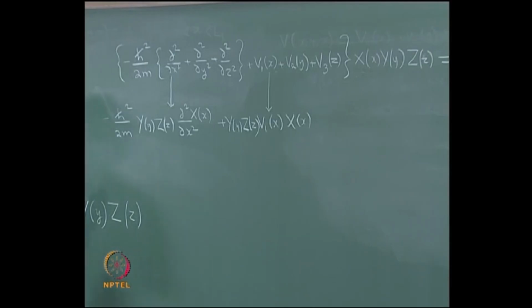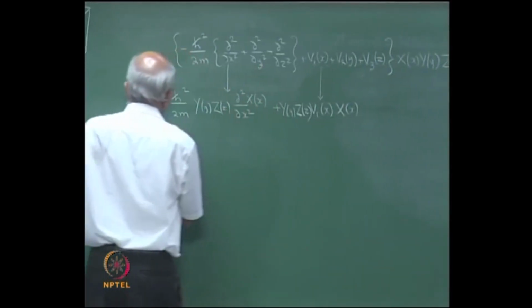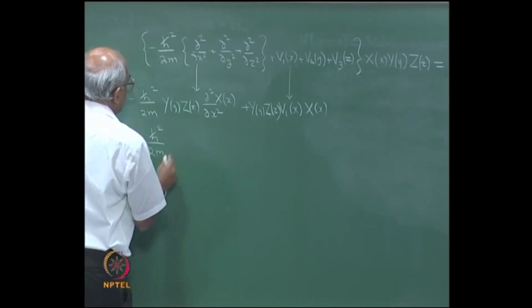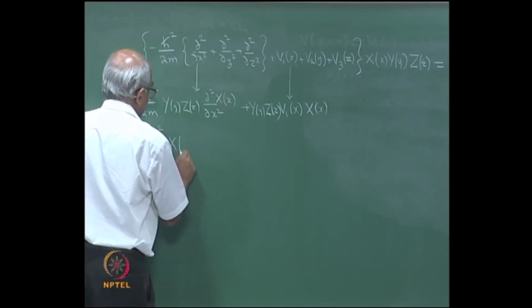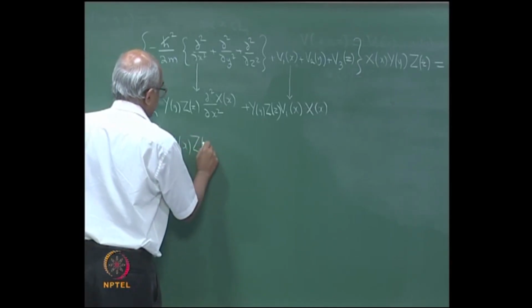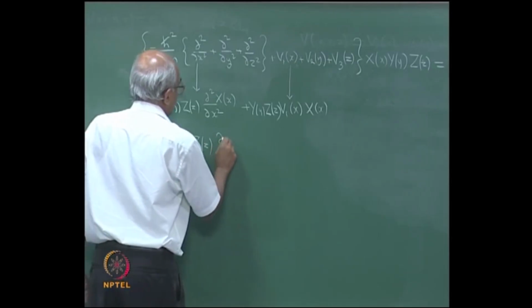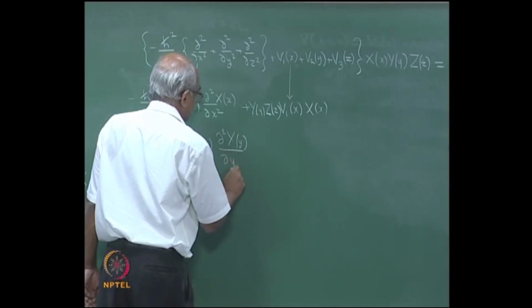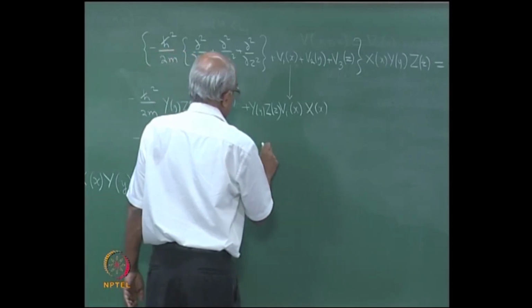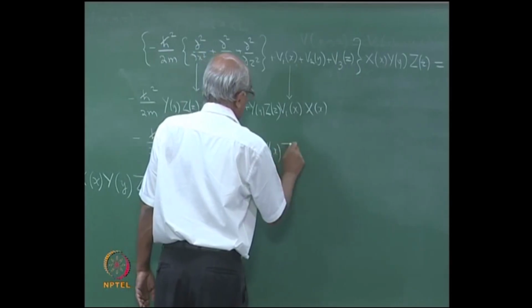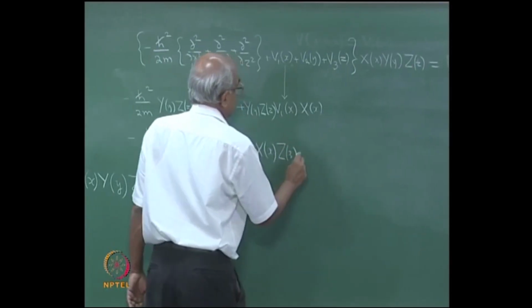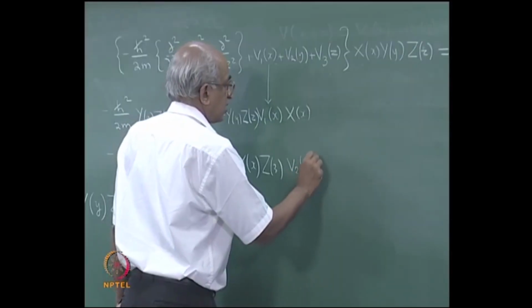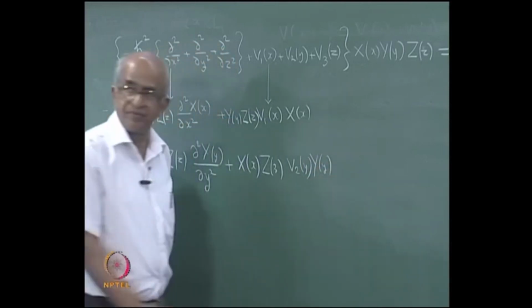If that is the way it is, then I can write the term coming from y. What is it going to be? Minus h cross square by 2m, capital X of x, capital Z of z, dou square capital Y of y by dou y square, plus capital X of x, capital Z of z, V2 of y, capital Y of y, correct.